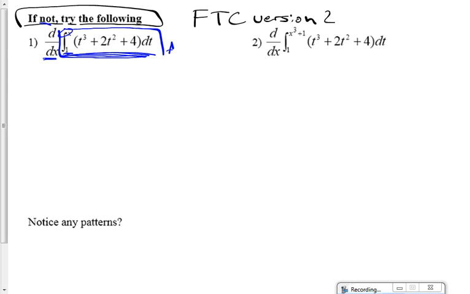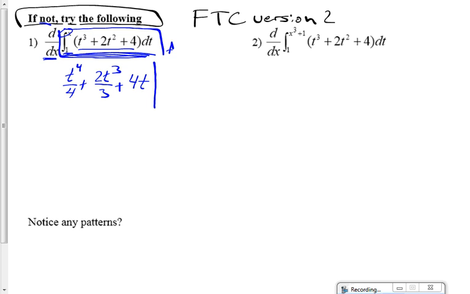Okay. I'm going to deal with the integral first. And in evaluating a definite integral, we're going to use fundamental theorem of calculus version 1, which means I will take an antiderivative of what's inside here. Antiderivative of t cubed is t to the 4th over 4. Antiderivative of 2t squared is 2t cubed over 3. Antiderivative of 4 is 4t.